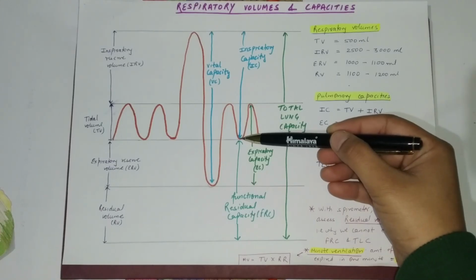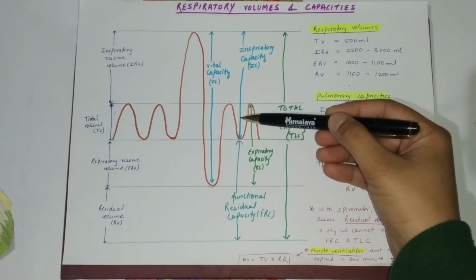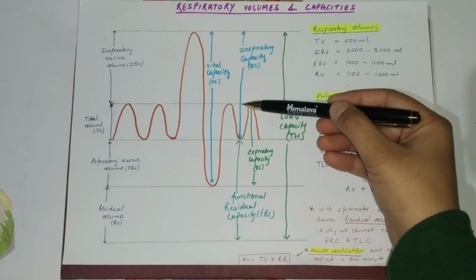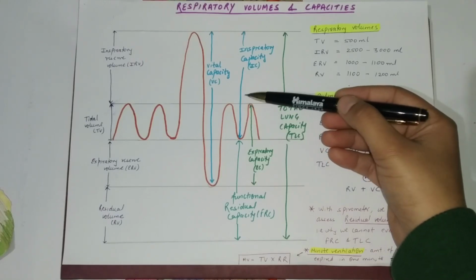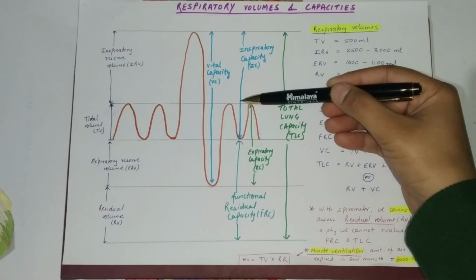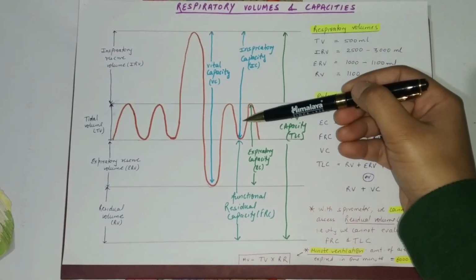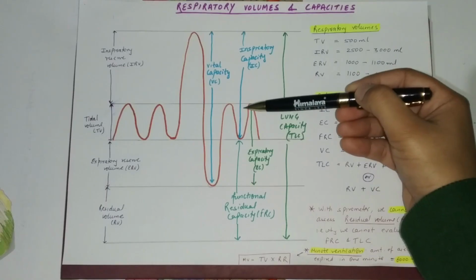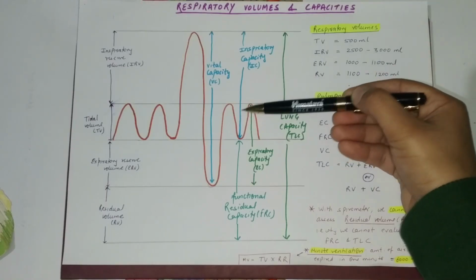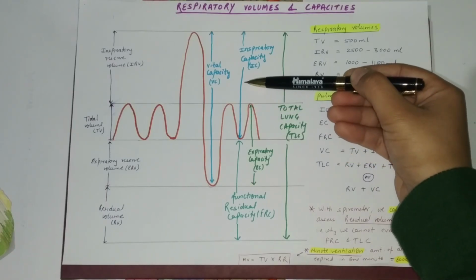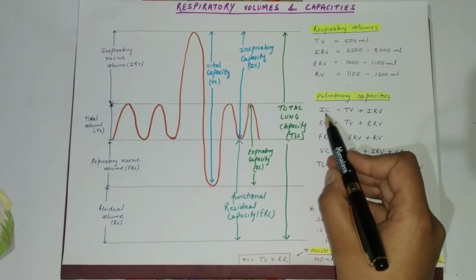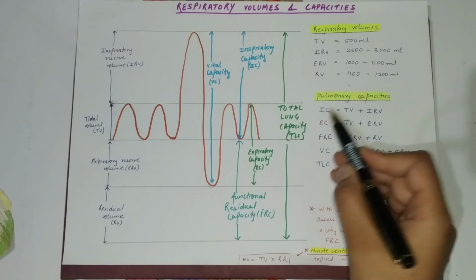When a person starts inspiring, first of all he will take the tidal volume, and then if the person applies force, he will inhale the inspiratory reserve volume. So the inspiratory capacity comprises the tidal volume and the inspiratory reserve volume.